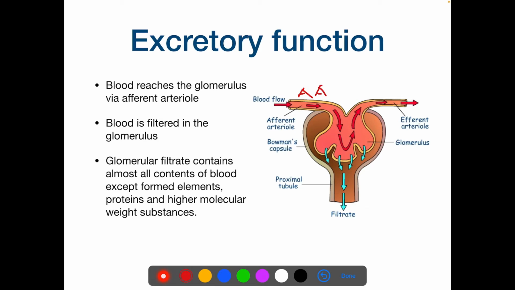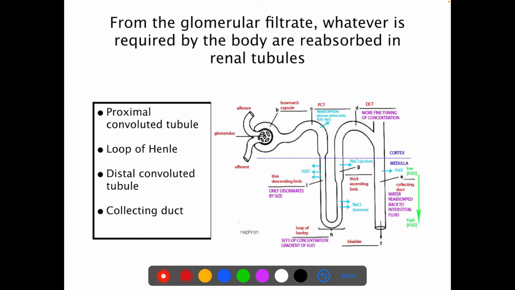All other things are filtered, and the filtrate is called glomerular filtrate because blood is filtered in the glomerulus, and the filtrate obtained is called glomerular filtrate.